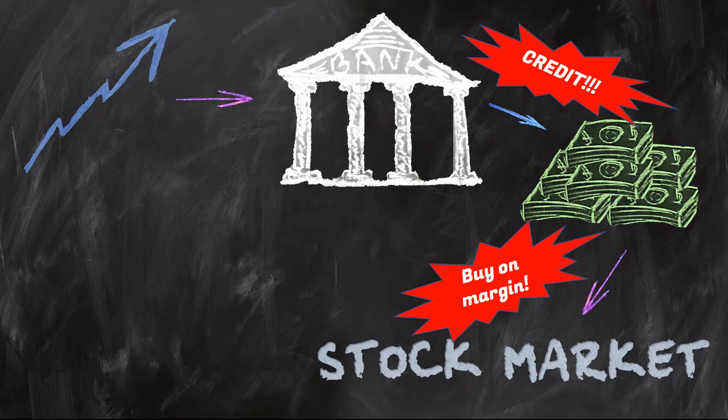Now, investors aren't the only ones doing this, because the banks don't have any type of major reserve that they have to hold. The interest rate is so low, they have a lot of money to play with. So whatever money they have left over, they invest in the stock market too. They go out and they buy stocks, and they buy stocks on margin.